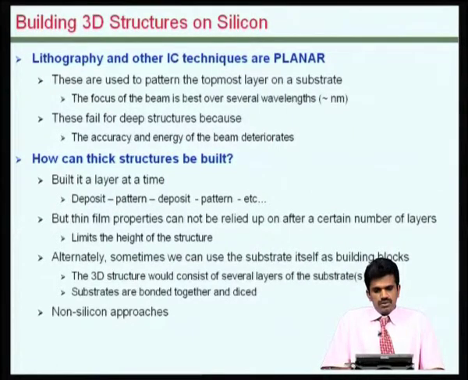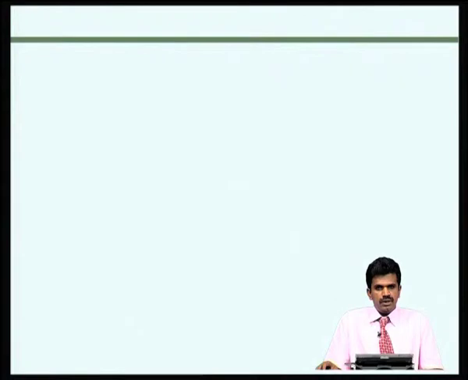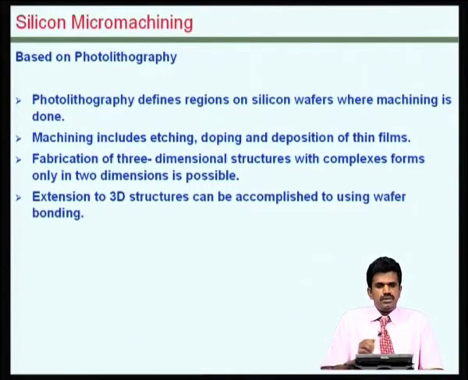So, we can use such approaches to remove the silicon from the substrate itself selectively, obviously, to build what are known as bulk micromachined structures. There are also approaches based on non-silicon materials such as ceramics and polymers. So, we will now briefly see how these can be done for silicon micromachining.